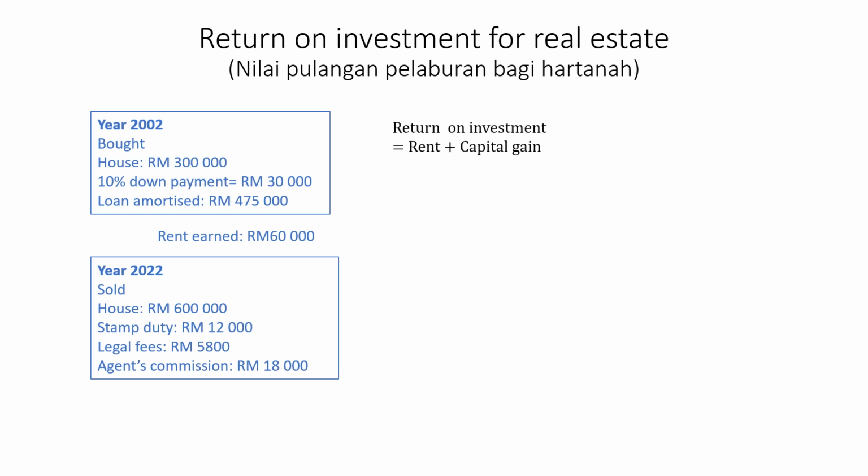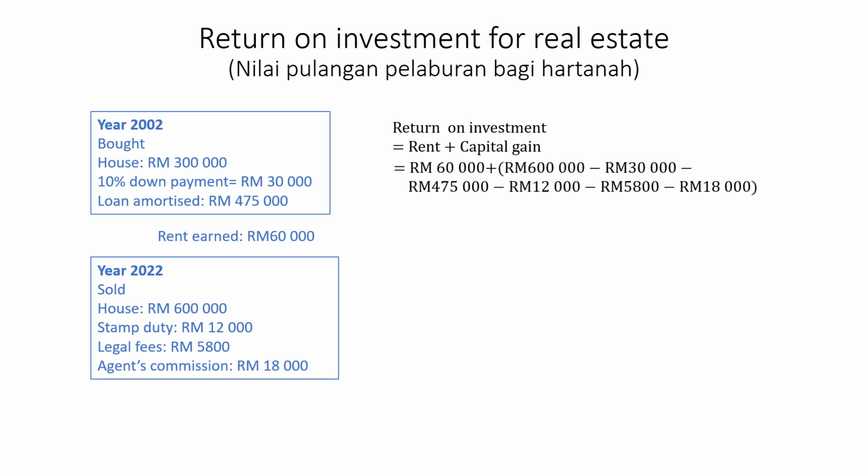Return on investment is the rent plus the capital gain. So the rent is 60,000. The capital gain is 600,000 minus everything that needs to be paid off. So minus the 30,000 down payment, and minus the loan still owed to the bank, 475,000, and stamp duty, legal fees, and also agent's commission.